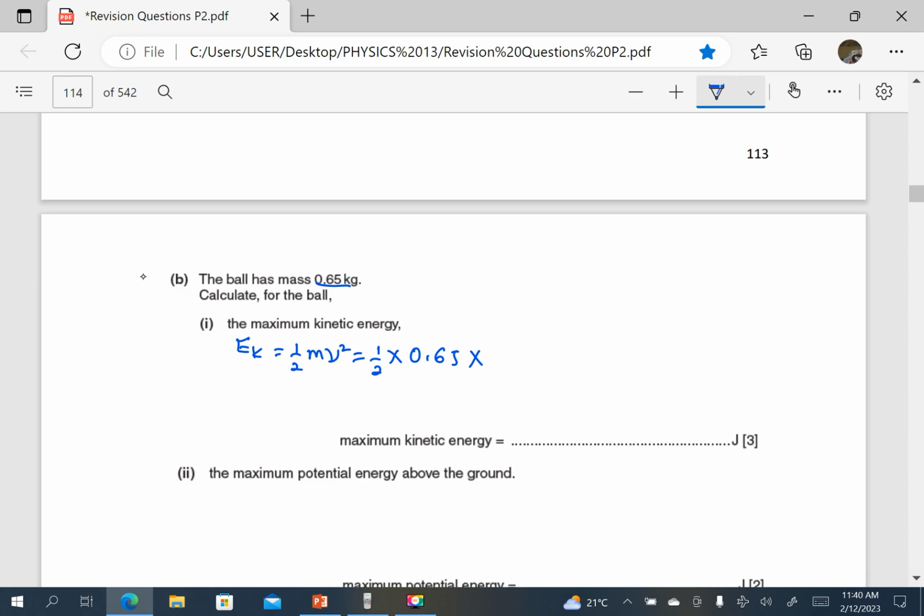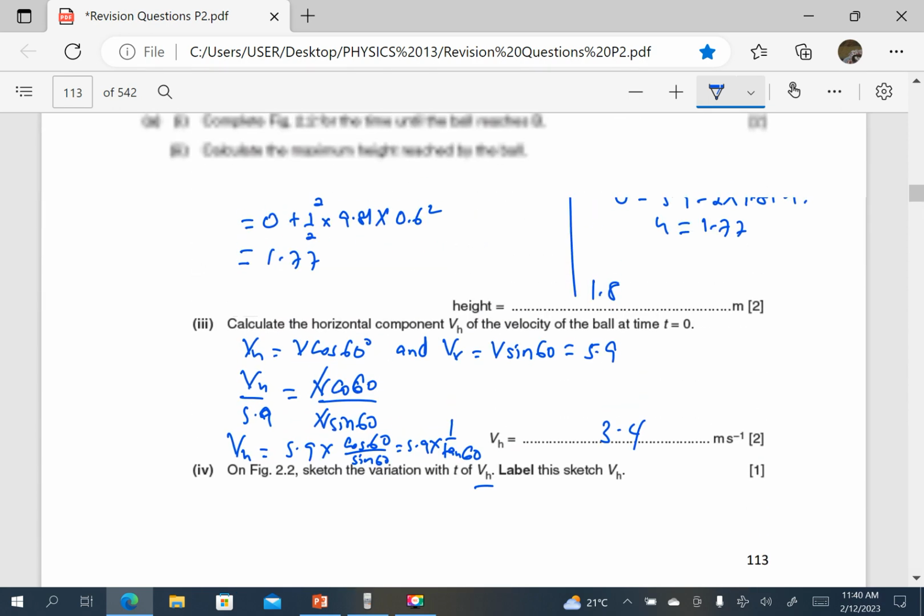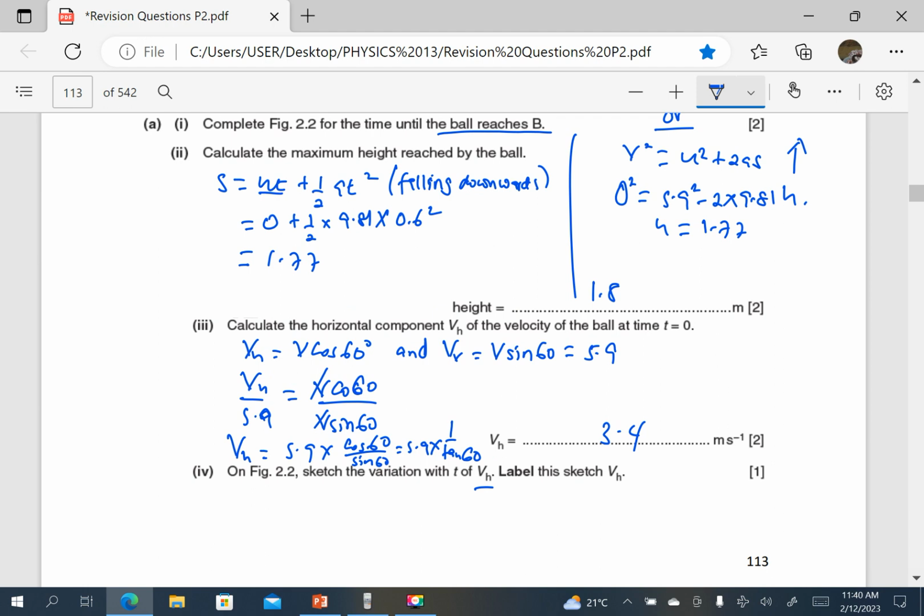Okay, so from here we can see the maximum speed.